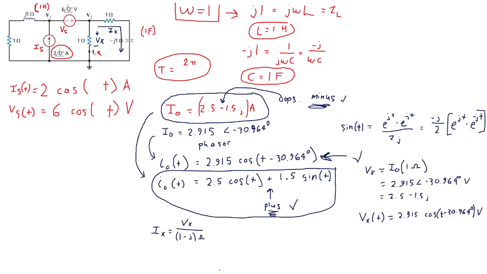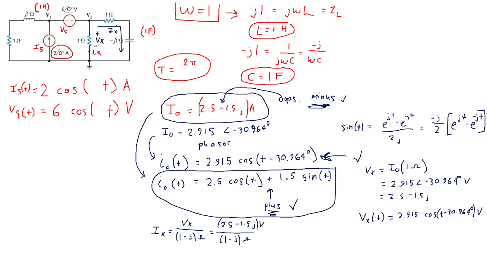Ix is going to be equal to the phasor form of Vx, 2.5 minus 1.5 J volts, divided by the impedance between Vx. Vx happens to be equal to V2 just because of the node voltage of the ground node.